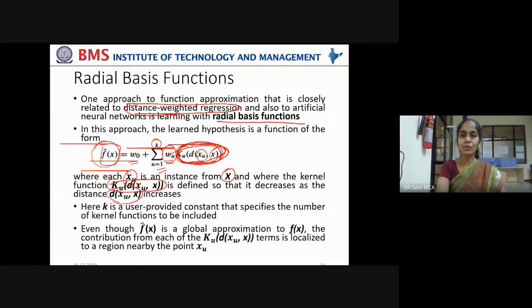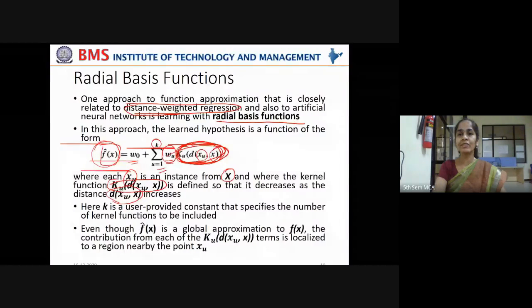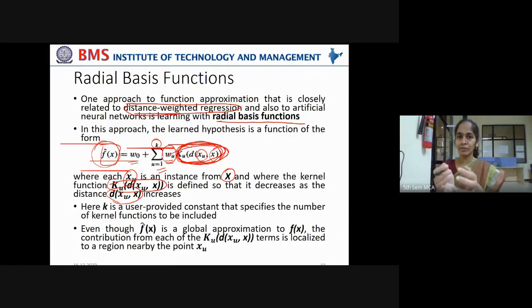This function value decreases as the distance between existing instance and new instance increases. Now all the nearest neighbors for the new instance, this kernel function will increase. Why? Because the distance has reduced. You're considering only nearest neighbors. In such case, the kernel function's value will increase. Okay?